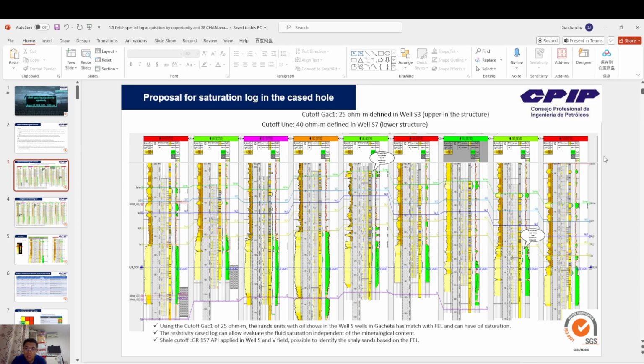First, using the cutoff of Gajita 1 of 25 ohm-meter, the sand units with oil show in the wells in Gajita have matched with FEL and can have oil saturation.